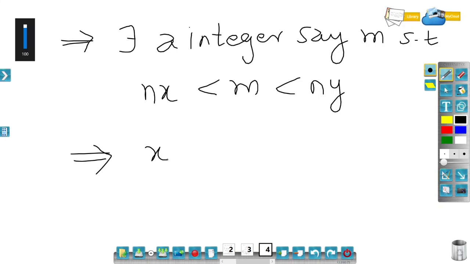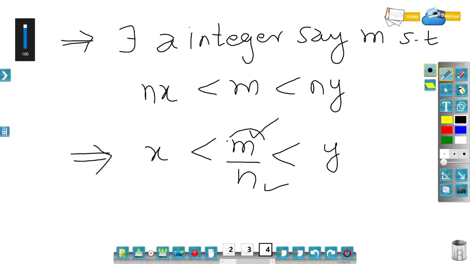So I will have x less than m by n, which is less than y. Since m is an integer and n is a natural number, m by n will be an integer upon integer, because every natural number is an integer. So it's a ratio of two integers where n is not equal to 0. That means it is going to be a rational number.